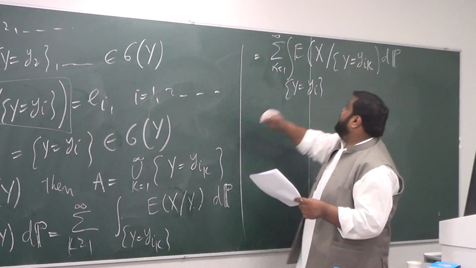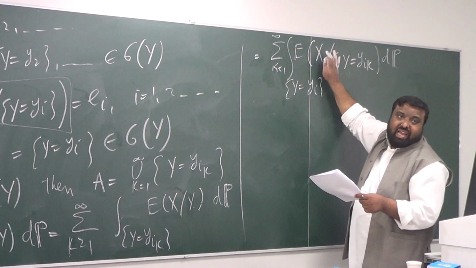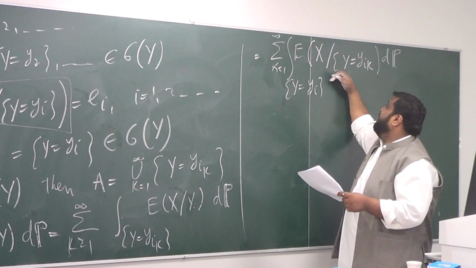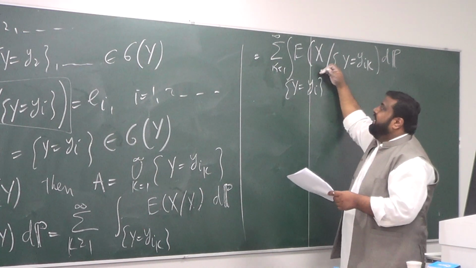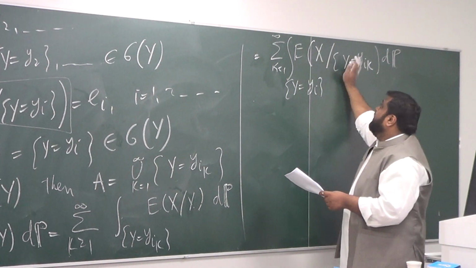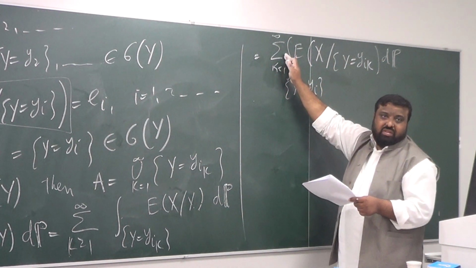This guy is concretely going to take this value on this event, and that's a fixed number, some eik. So I can take it out of the integral.